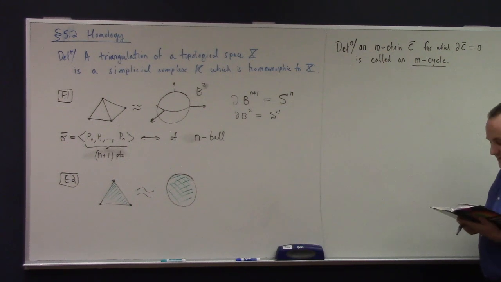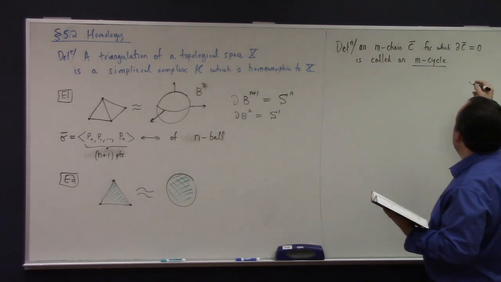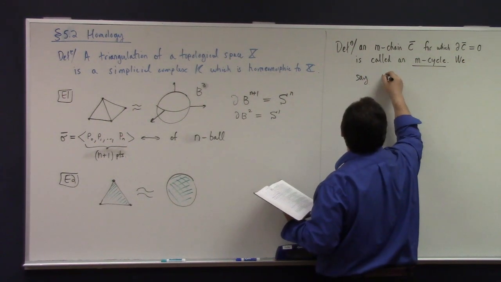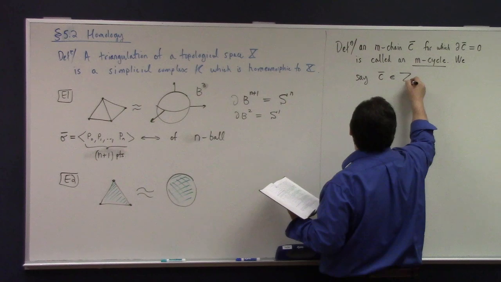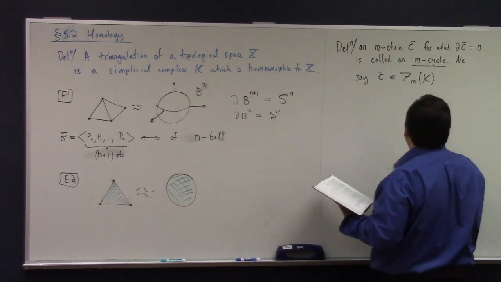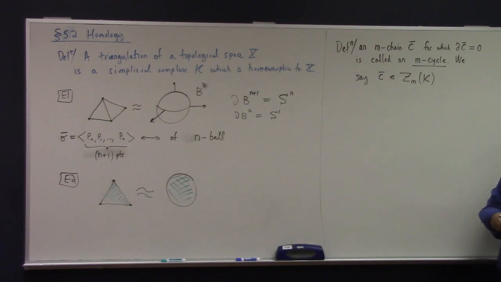And the space of all M-cycles is labeled Z_M(K); we say C-bar is an element of Z_M(K). That's the space of all M-cycles.